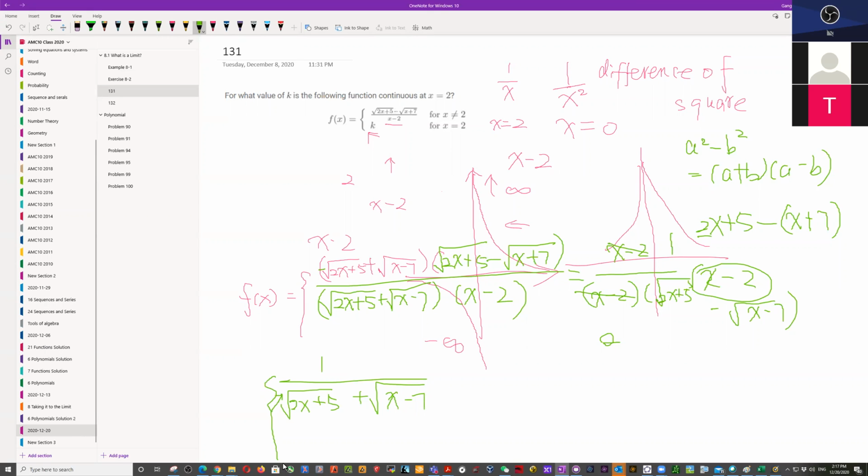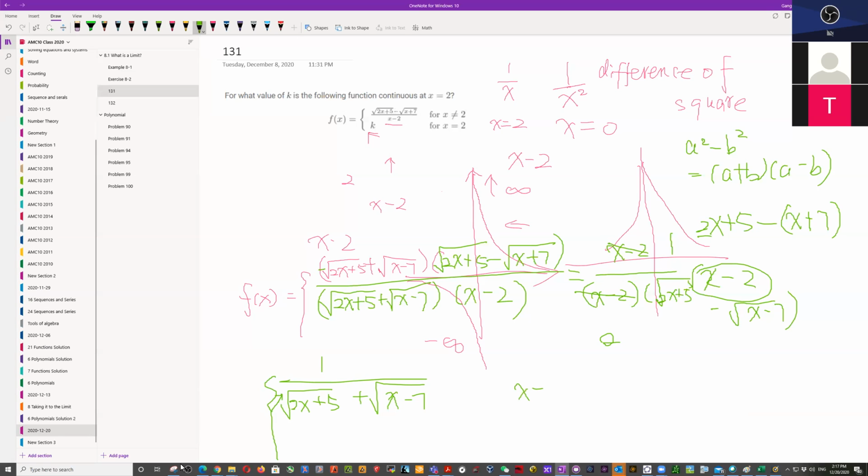This function is actually continuous at x equal to 2, exactly as we showed in the GeoGebra graph. So basically, we can fill in. Even though it's not defined at x equal to 2, I can try to find the value at a very close location to that number.